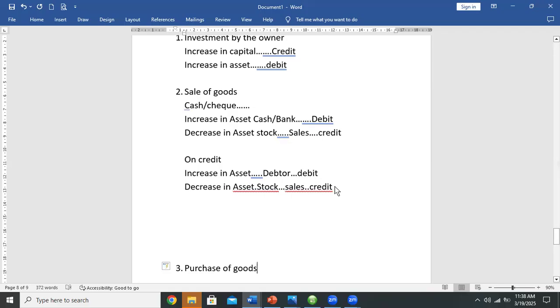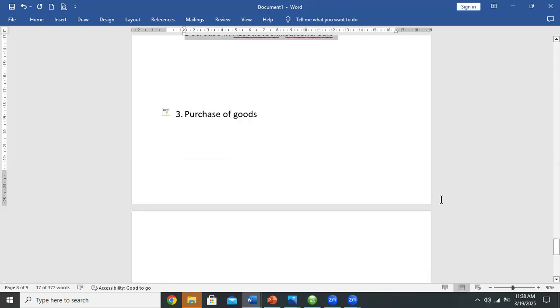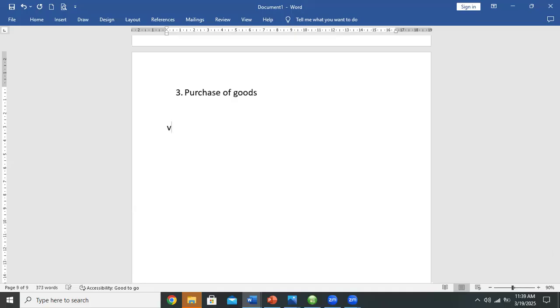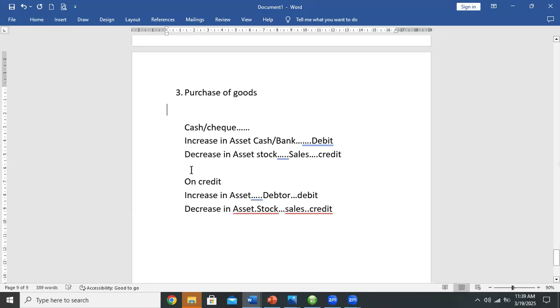When you are buying goods, again, you can buy it with cash or check, or you can buy on credit. So let me put it here. You can purchase with cash or check or on credit. What happens?